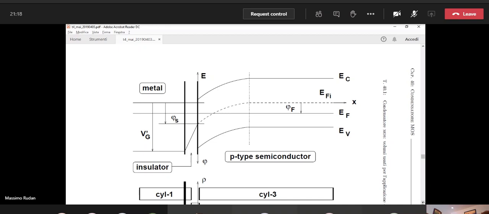In the silicon technology, the insulator is typically made of silicon dioxide, SiO2, and this layer is obtained by growing the oxide on the silicon, by exposing silicon at high temperature to a gas in which there is some concentration of oxygen.